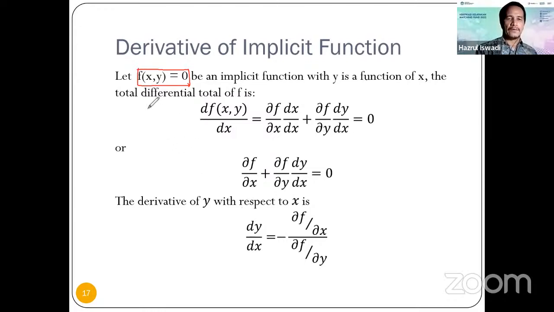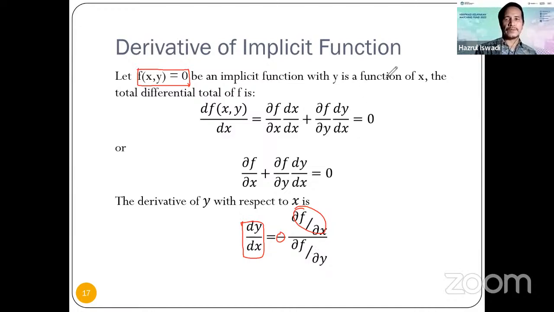If we don't know how to make this function become an explicit function, then the derivative of y with respect to x is equal to minus the ratio of the partial derivative of f with respect to x divided by the partial derivative of f with respect to y.